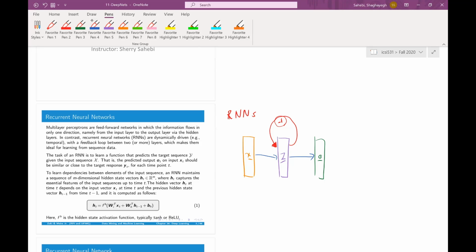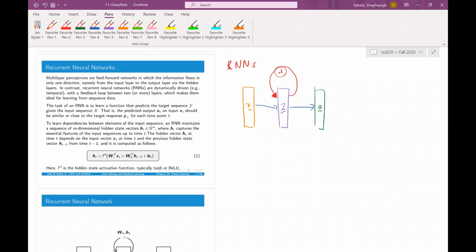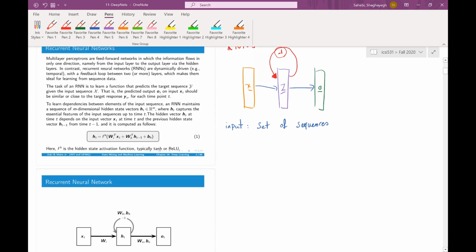What is your input? If you have sequences, what is the input that you are going to have? Your input data, your whole data set, is going to be a set of sequences. For example, in the case of text, it's going to be a set of documents.